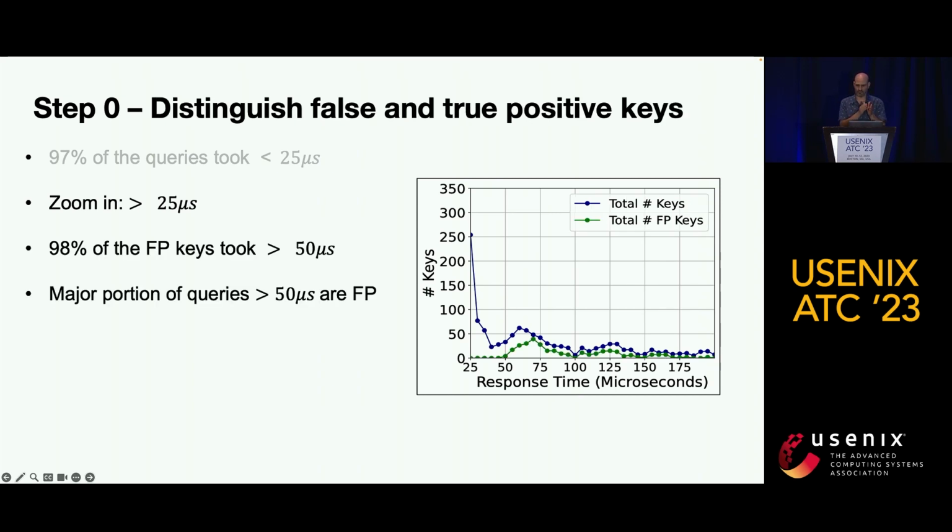Out of the total number of queries, I show here in green only the false positives. We can see that 98% of the false positives took more than 50 microseconds, and also the major portion of queries in the range above 50 microseconds are false positives, which is in green. This is why we can pick a threshold that can distinguish between a filter hit and a filter miss.